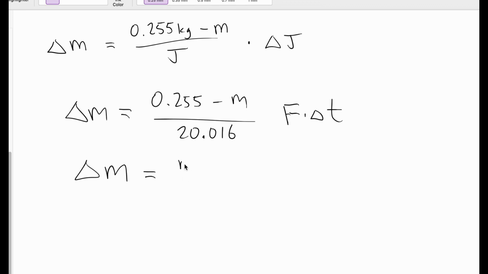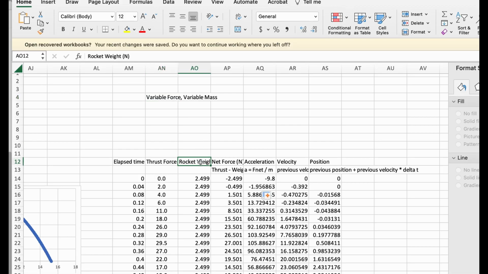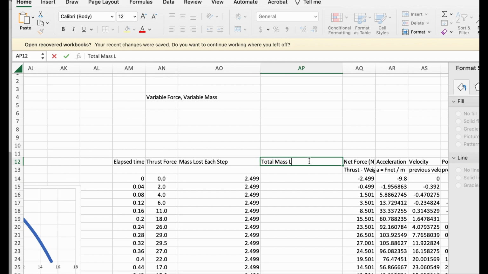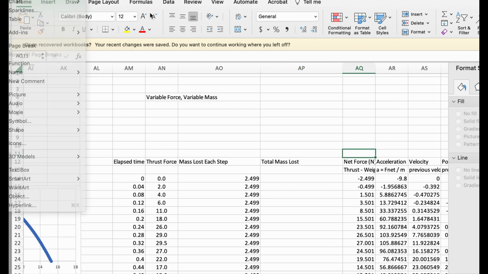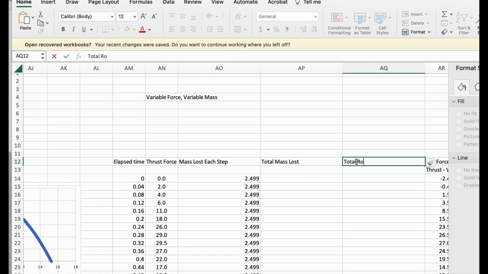This is the mass lost divided by 20.016 times our F delta T. We could come up with a new bunch of formulas: mass lost each step, total mass lost, total mass, because that's what you want ultimately.